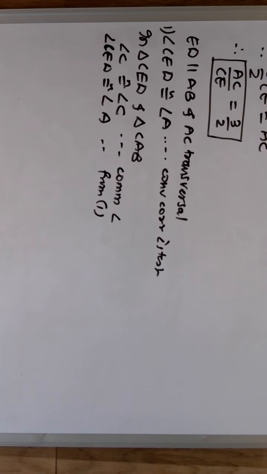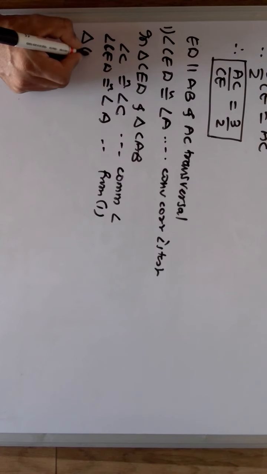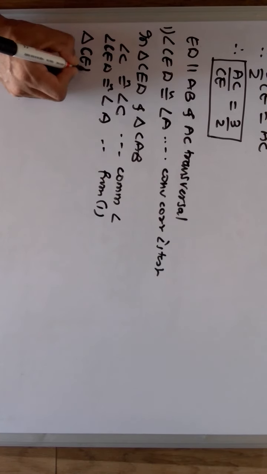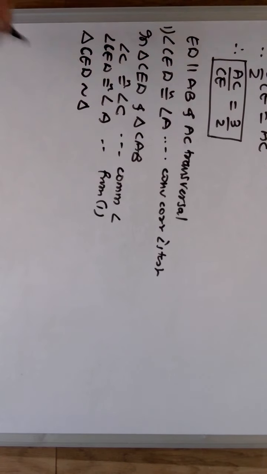That means two angles of one triangle are correspondingly congruent to two angles of another triangle. Then the two triangles are said to be similar by AA test for similarity. So therefore triangle CED is similar to triangle CAB.